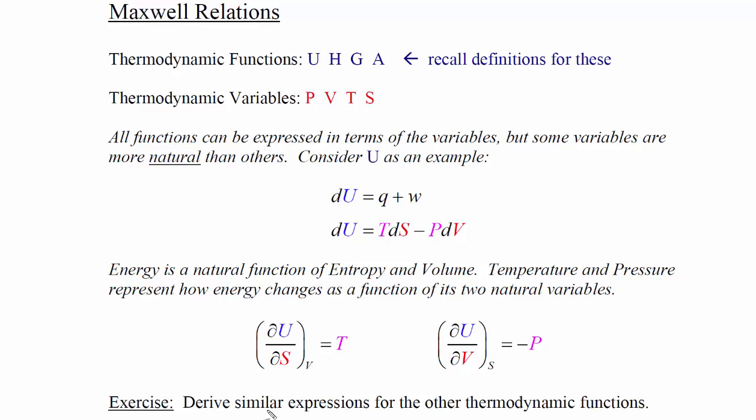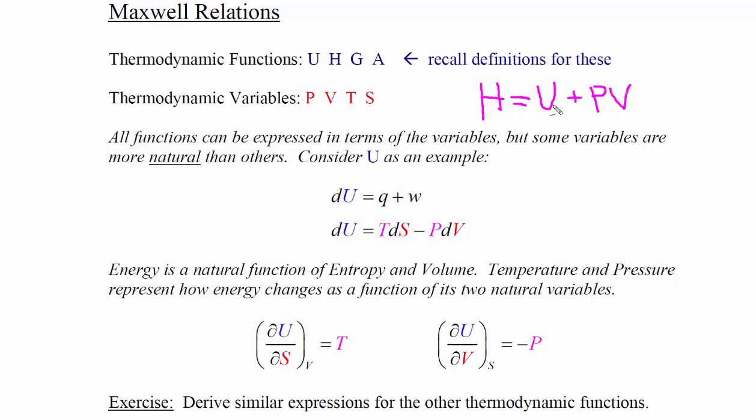Do you think you can derive similar expressions? Try enthalpy next. Start with the definition of enthalpy. H is equal to U plus PV. And then from there, write what dH would be. dH would be dU plus d(PV).